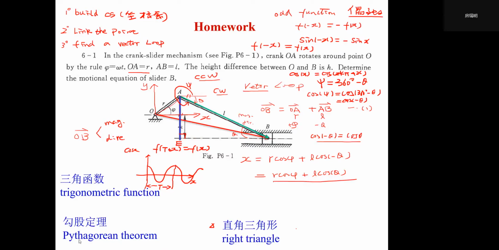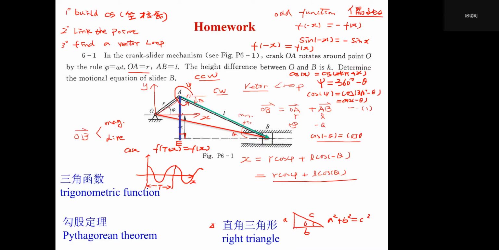From the Pythagorean theorem, do you guys know that? When we have a right triangle with three sides of lengths A, B, and C, we have A squared plus B squared equals C squared, right?